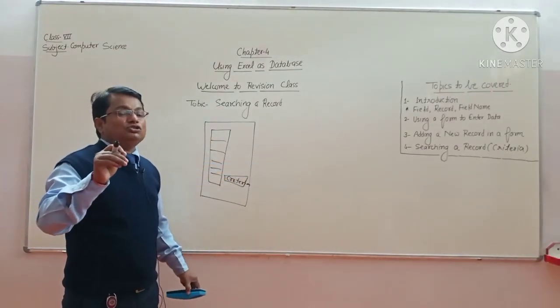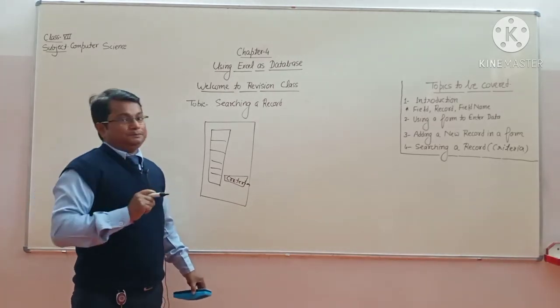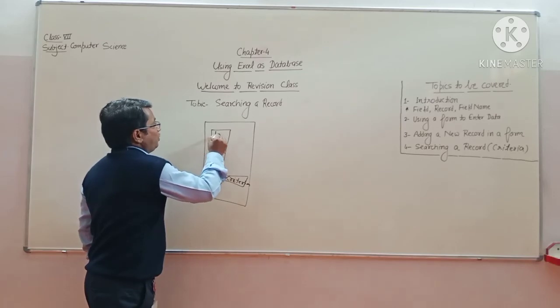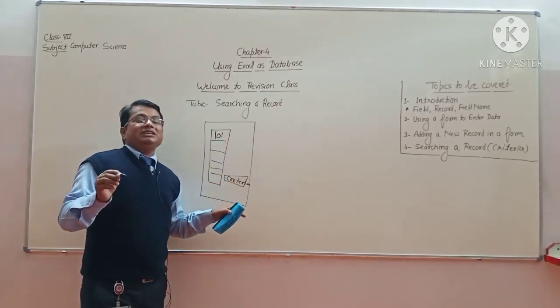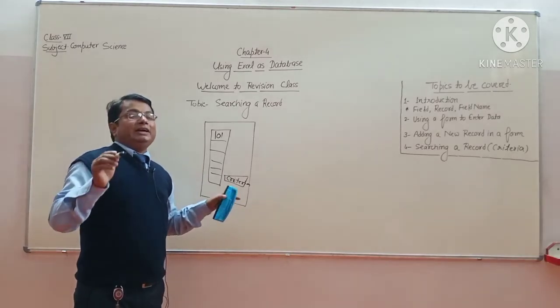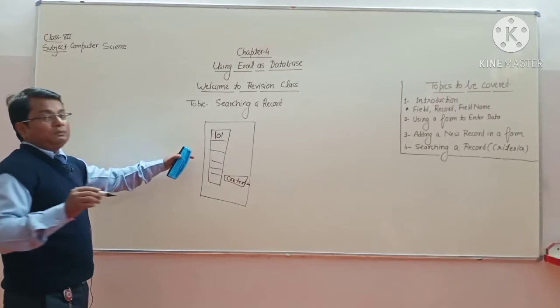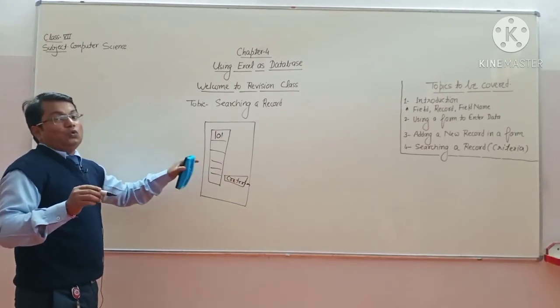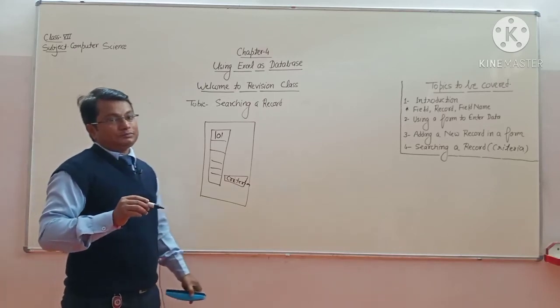Suppose I want to search any other data with the use of roll number, because roll number is unique. Suppose I have entered 101. Once I click on that, immediately you are able to observe that particular data on the form, and that data will be selected on the Excel sheet also.